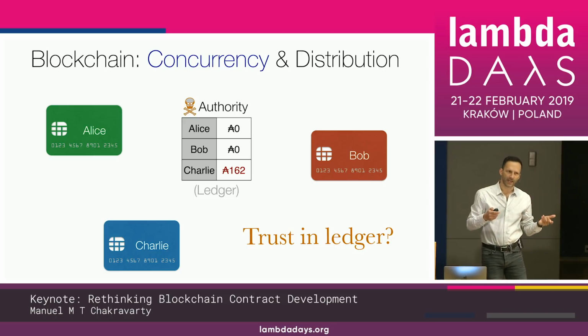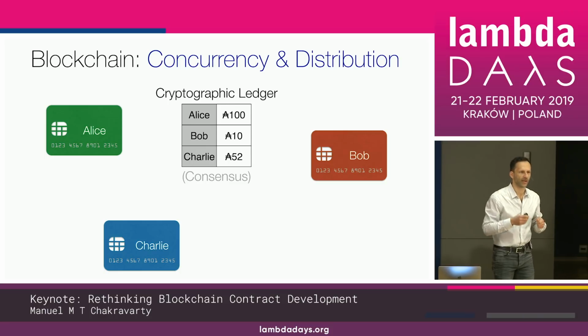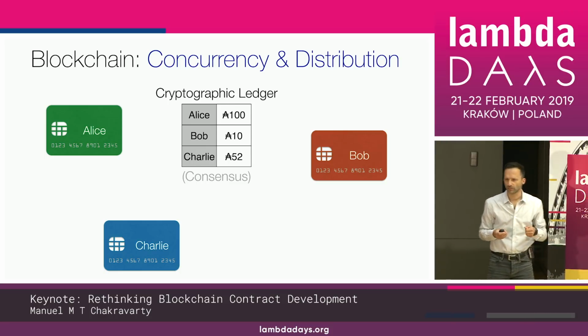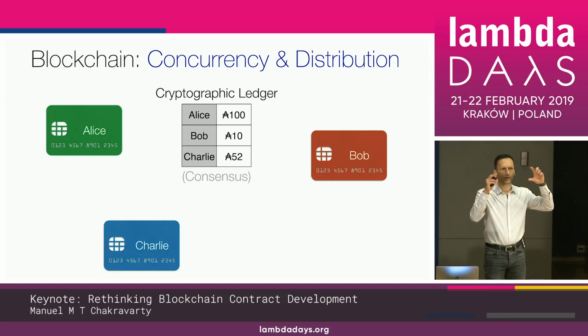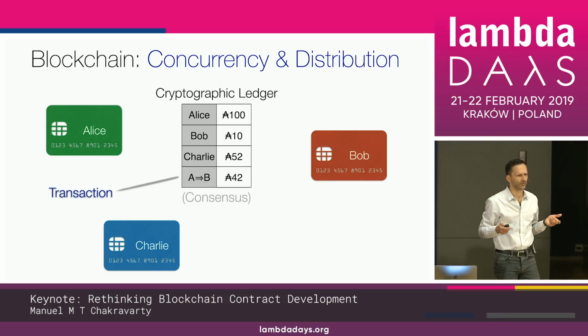So the idea behind a cryptographic ledger is to use some fancy cryptography, the same technology which we use for encryption, and instead of just keeping a record of the current balances, to actually keep a log. So it's a bit like a log-based file system, if you like.